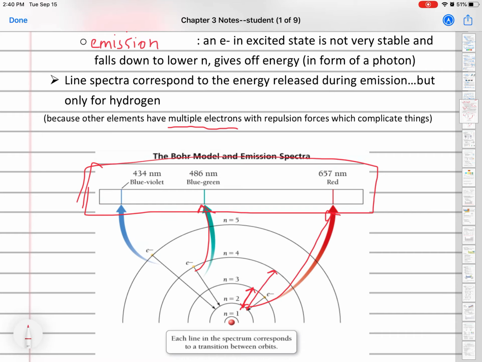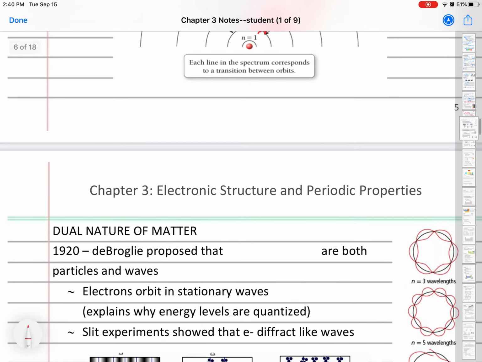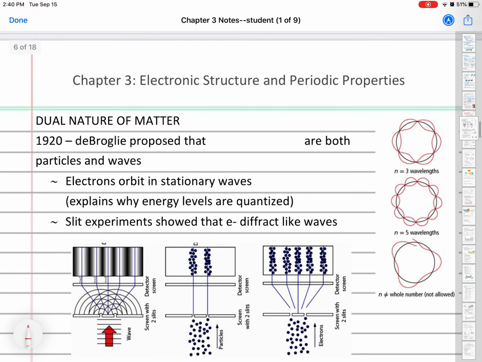But it was a really good model, and it's one we still use for teaching today, but it has been built upon in recent years and expanded to be a little bit better and be consistent with all the different atoms, not just atoms of hydrogen.